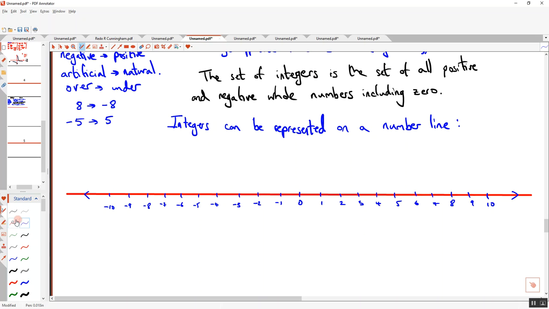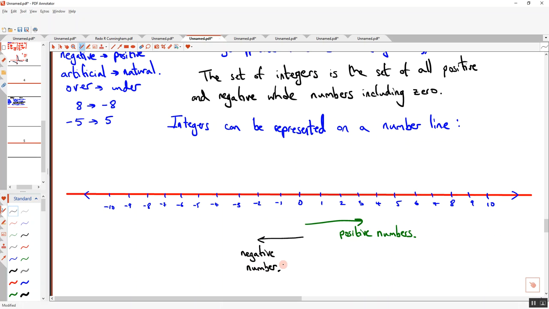So we can see on the right hand side of 0, these are our positive numbers. And on the left hand side of the 0, let's use a different color, we have got our negative numbers. And our number line is really important, okay?